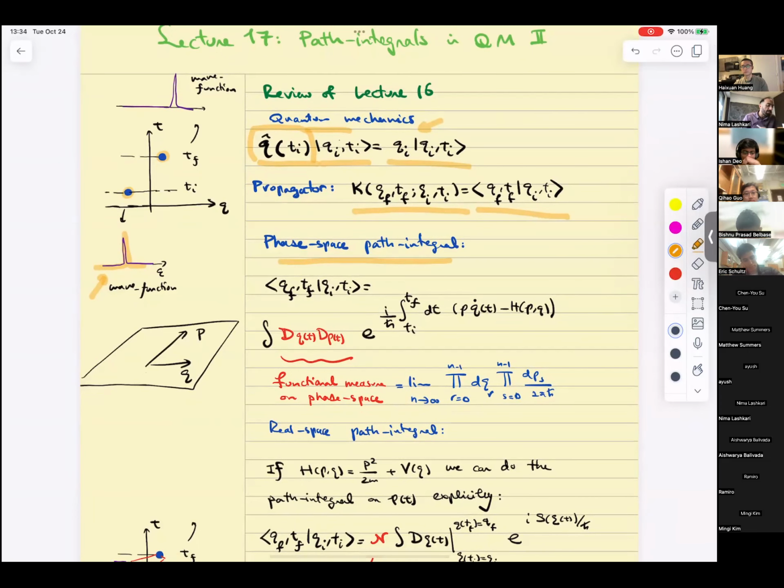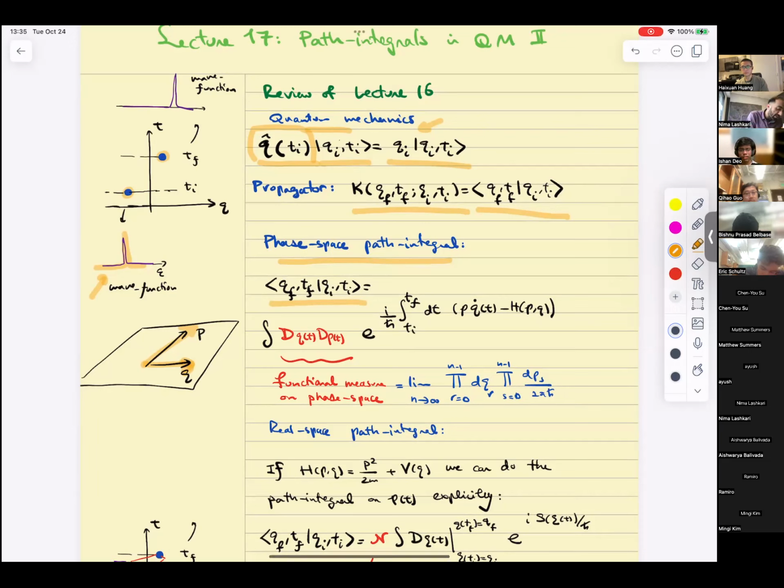Then we wrote down the propagator in terms of the phase space integral. Recall that in 1 plus 1 dimensions, Q is your position operator and the momentum is P, so your phase space is 2-dimensional. We wrote this down by splitting time into many, many pieces and inserting resolutions of identity at every step.